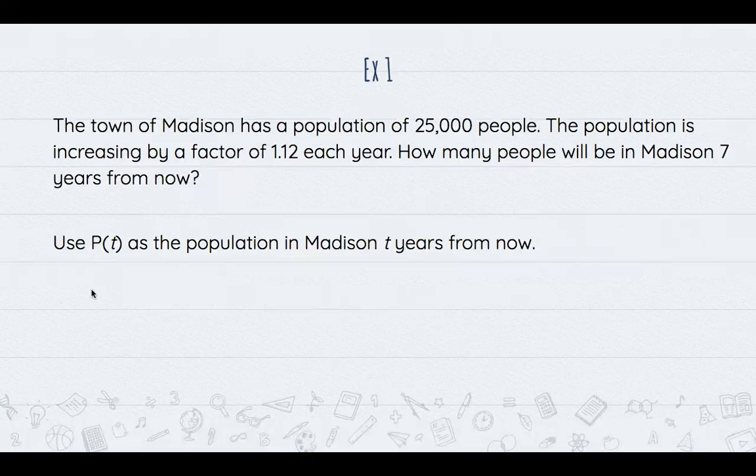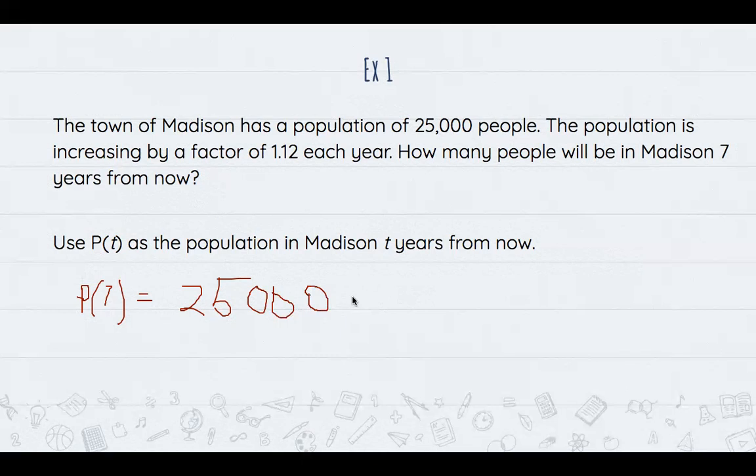Okay, so first we know we have to find P(t). Our t would be 7 because the question's asking for 7 years from now. P(t) equals 25,000 people, because that is the beginning number.